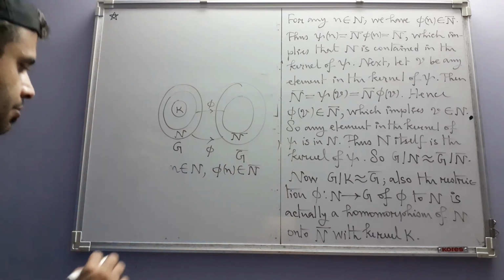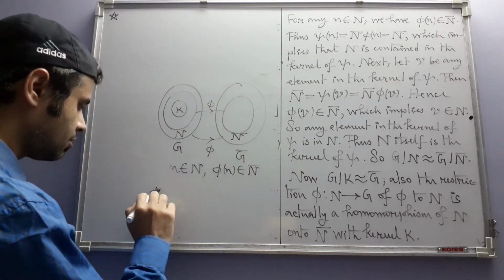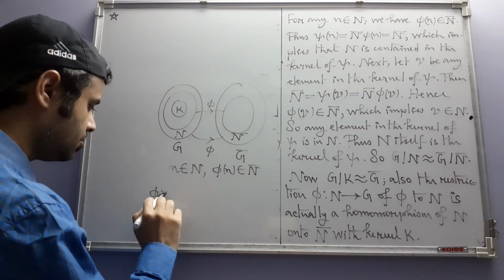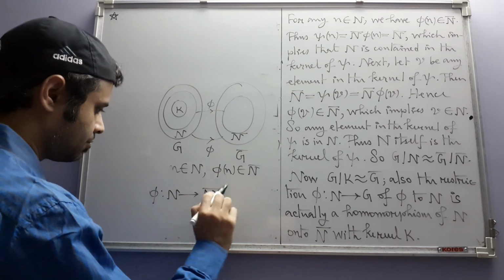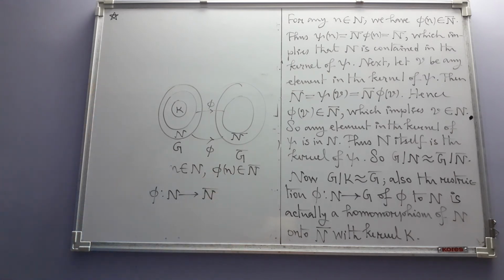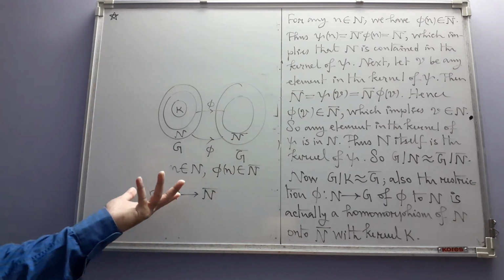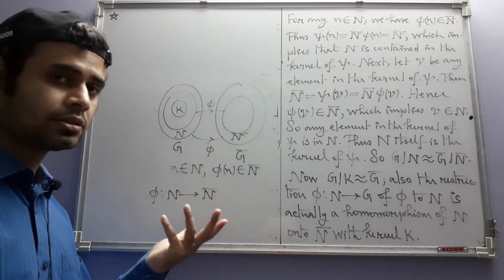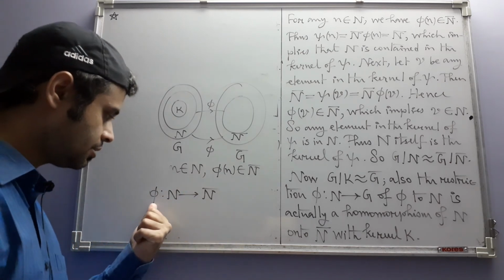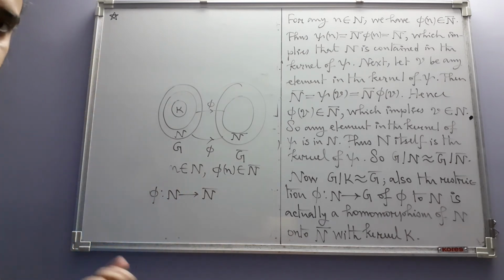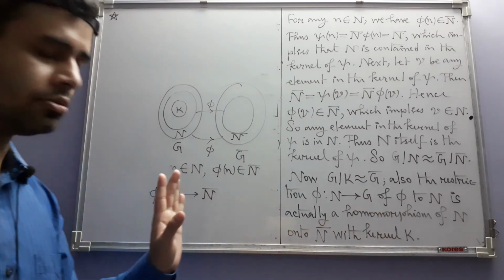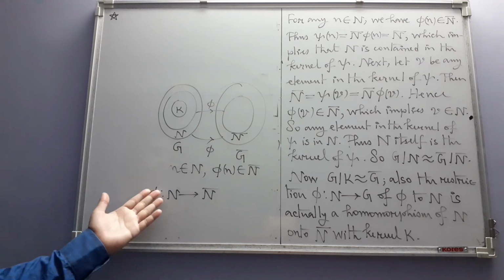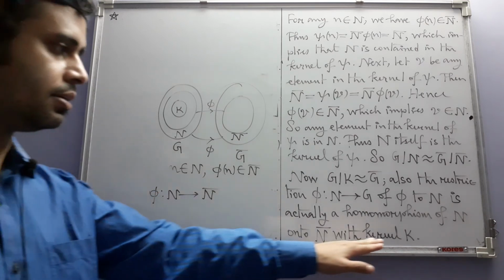So that's why the restriction of phi from G to N actually is a function from N to N bar, and since it's a restriction of a homomorphism, this restriction itself is a homomorphism. So this is a homomorphism from N to N bar, and the kernel is K.